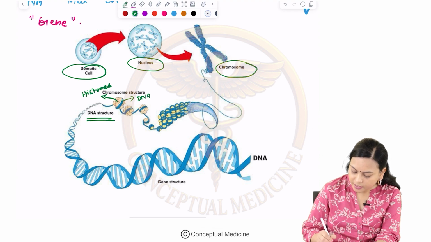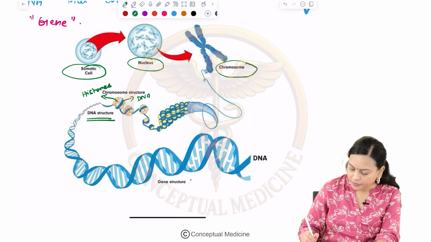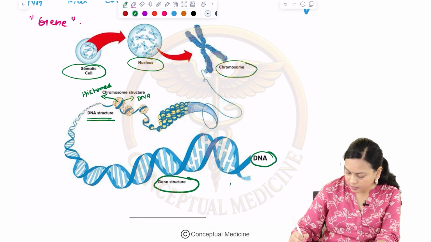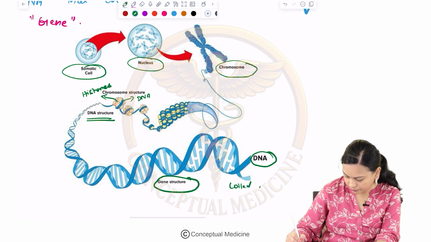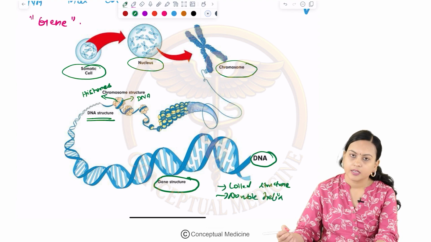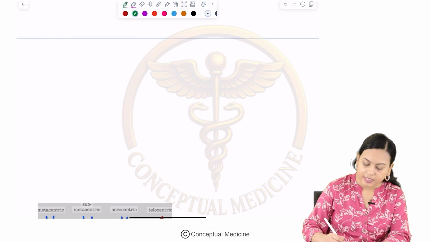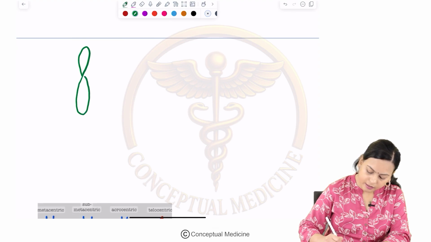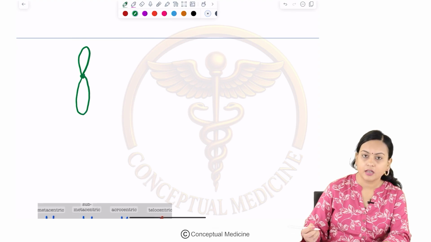If we further study the chromosome structure, we are able to see the genes, and DNA is a coiled structure, a double helix model. Yes, okay.